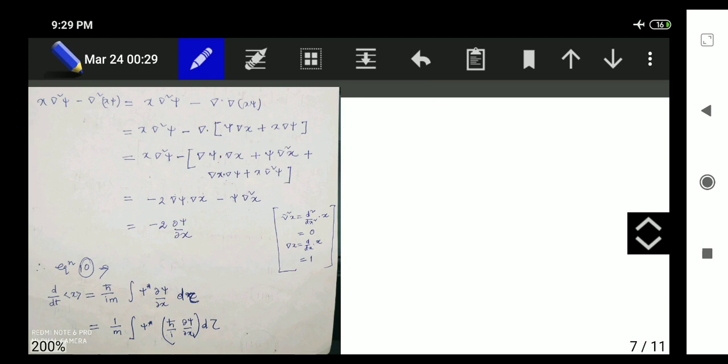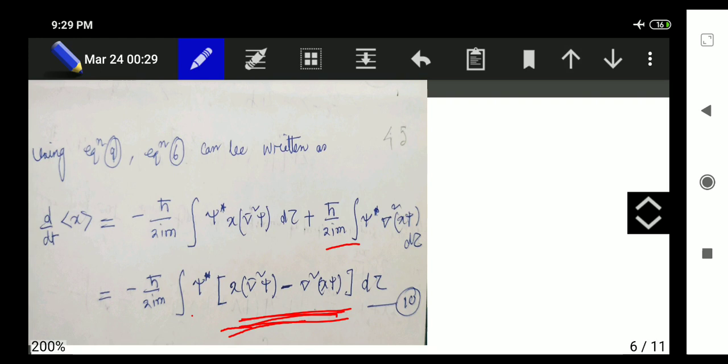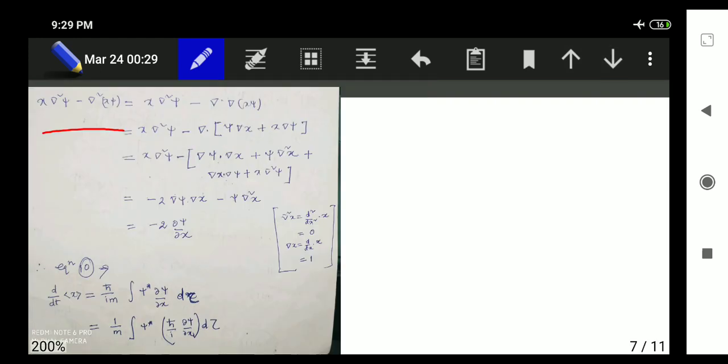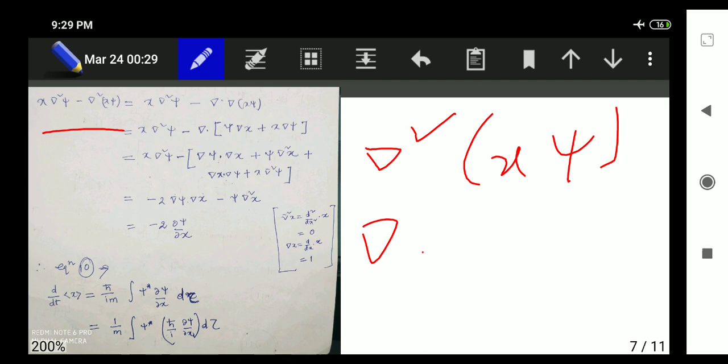Okay, so here you can see we have written x del 2 psi minus del 2 xi, this inside part. So I have written x del 2 psi, and I can write del 2 xi as del dot del xi, because del dot del is equal to del 2.